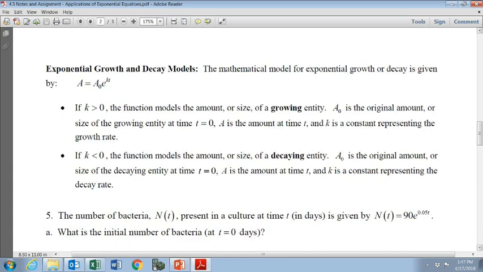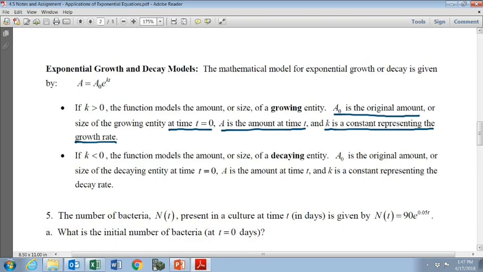A naught is the original amount, or the size of the growing entity at time 0. So we're just going to say the original amount at time t equals 0. A is the amount at time t, and k is a constant representing the growth rate. So those are the different parts of the formula that you need to know.